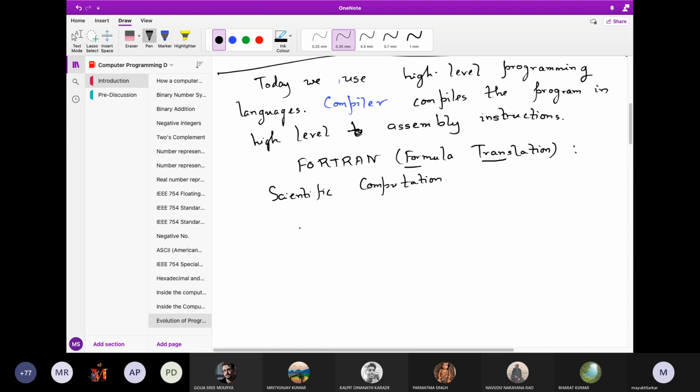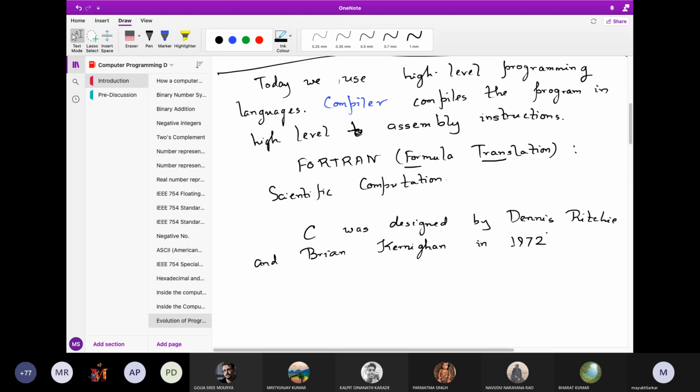So C was designed by Dennis Ritchie and Brian Kernighan in 1972.